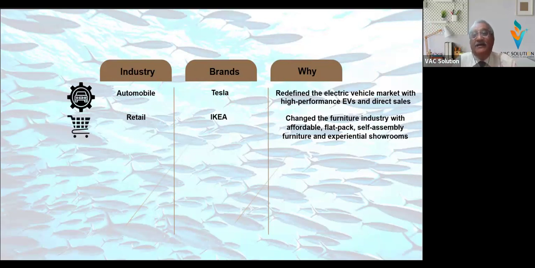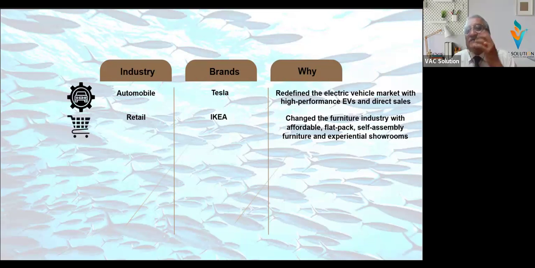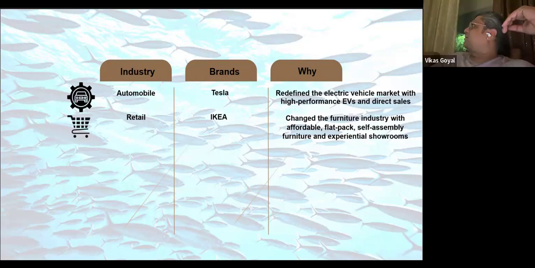Now let us see the soft drink industry. Can anyone tell me which brand I'm talking about? Coca-Cola? No. Coca-Cola versus Pepsi was the red ocean. They are still fighting, continue to fight. But someone entered in between and took a big share of the market.